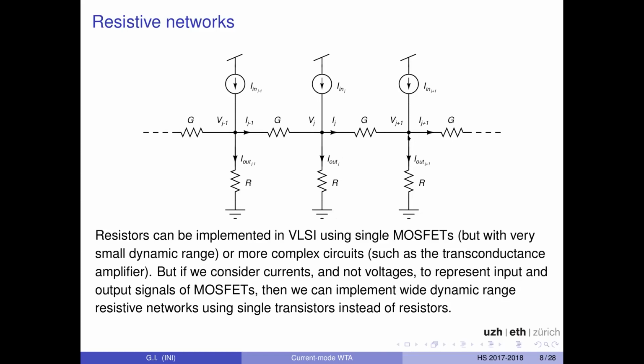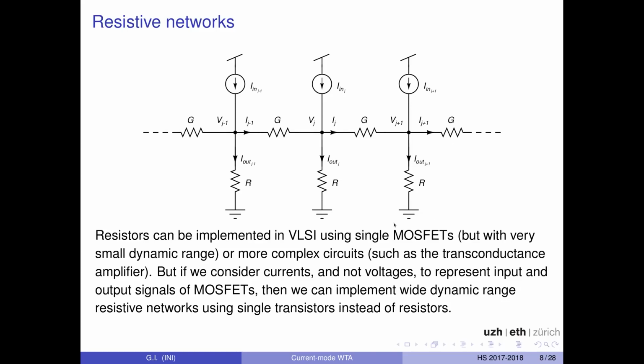The problem is that in VLSI, it's very hard to build resistors of desired conductances, meaning that they either occupy a lot of space, you have to have long poly wires, or once you design them, you cannot change the conductance values, or you have to use wells. So it's very complicated. So the best way to do it is to try to use the linear or the ohmic region of a MOSFET, and then to use MOSFETs to make these resistive networks.